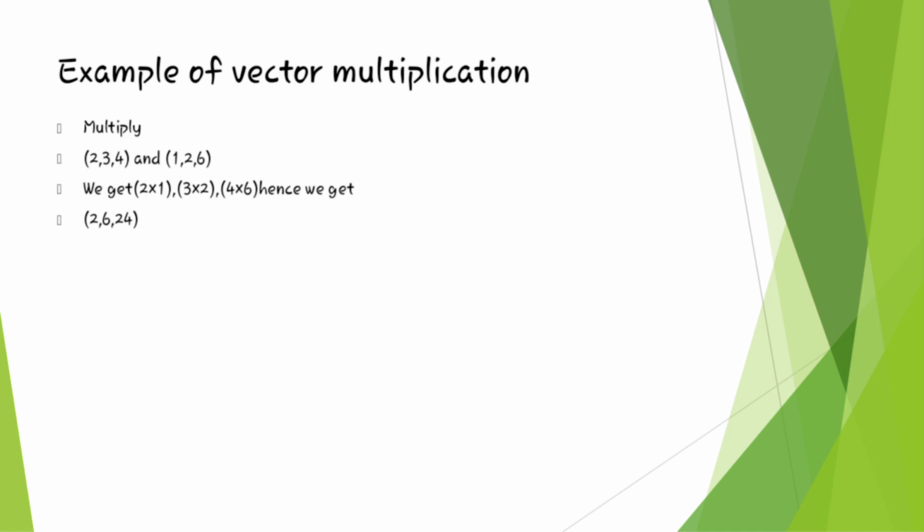Then 4 multiplied by 6 is 24. So our final answer will be 2, 6, then 24. As we consider this, we consider the identicals. You pick this identical compared to the other one in i, j, k notation, but you should keep in mind that the sign is an important thing in vectors and should be much considered. Okay, thank you.